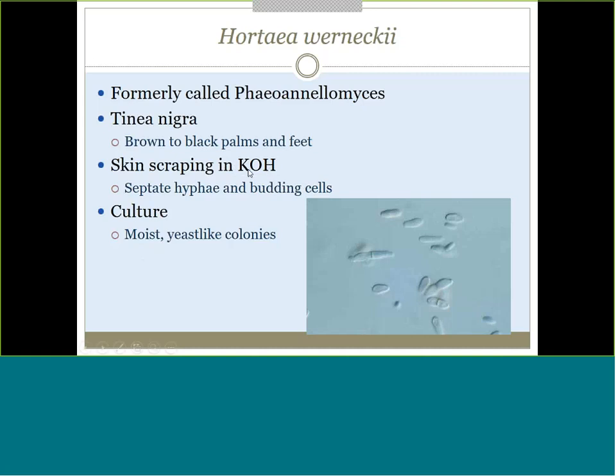So oftentimes we are looking for fungal elements with KOH because it really lets them shine through. So this is going to show more yeast-like colonies. Again, yeasts tend to be more oval in shape. They're refractile under the microscope. When you focus up and down, they're not as round as a red cell. They're easily confused, but they're a little bit more oval in shape.